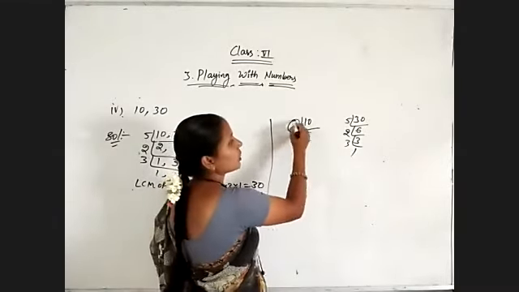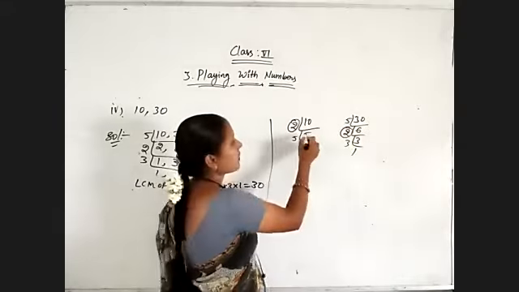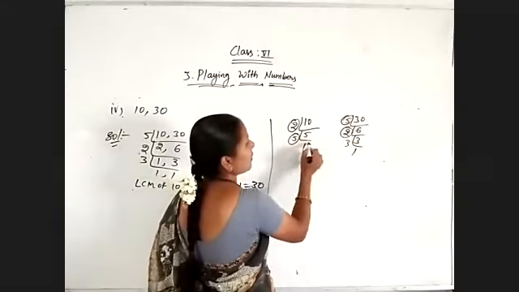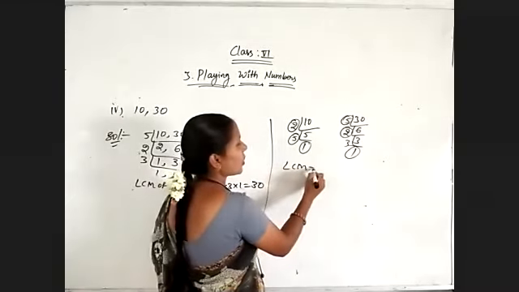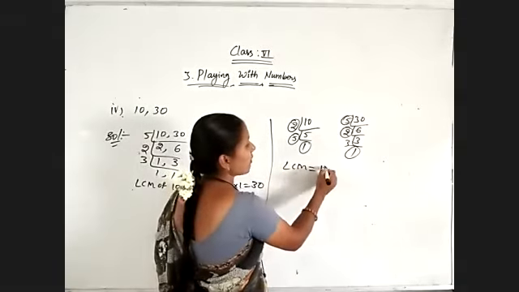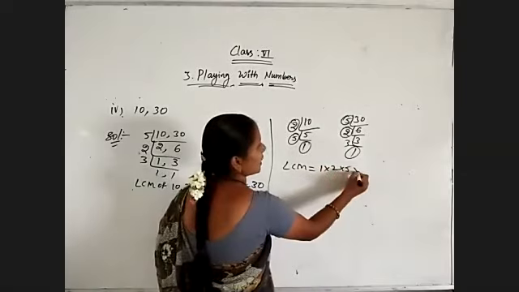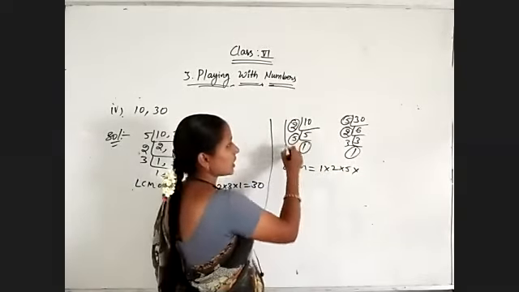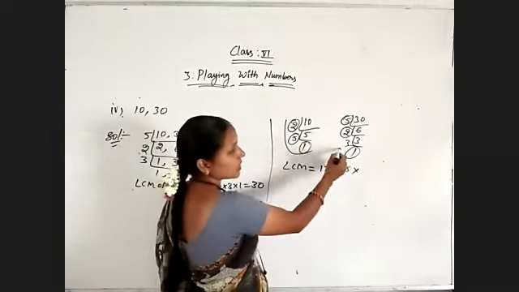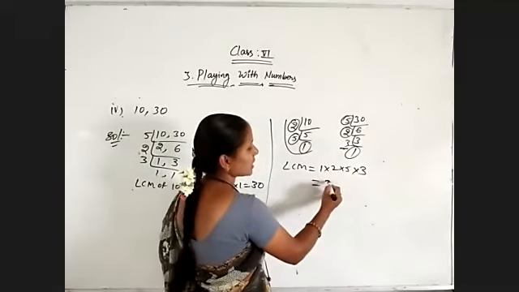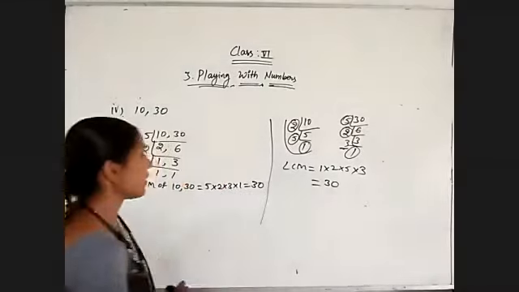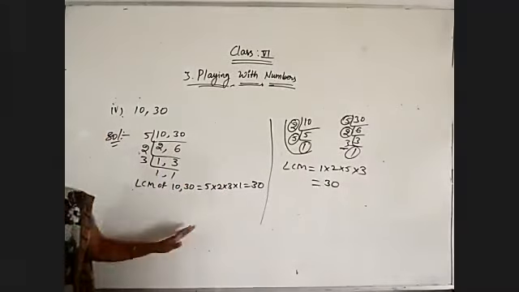Find out. 2 is a common factor, 5 is a common factor, and 1 is a common factor. Now LCM is nothing but the product of common factors, that is 1 into 2 into 5, into the remaining factors. So here 3 factors are covered. What is the remaining factor? Only 3. So which is equal to 5 twos are 10, 10 threes are 30. LCM we got in both the methods as 30 only.